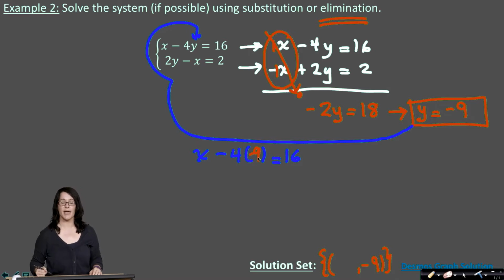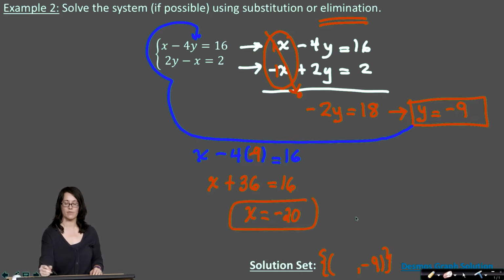So if I multiply a -9 by a -4, I get a positive, watch your signs there, 36 next to x, equaling 16 on the right. Solving for x, watch your arithmetic. x should equal what number? 16 minus 36, isn't that -20? So now you have the potential solution of -20, comma, -9.